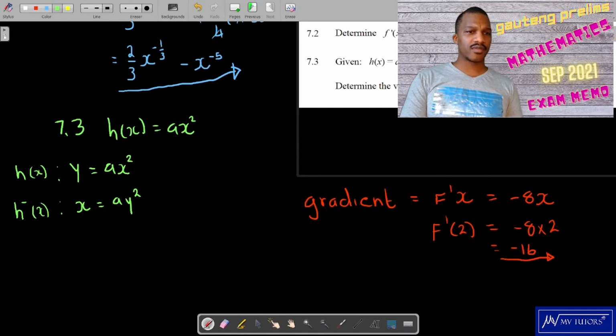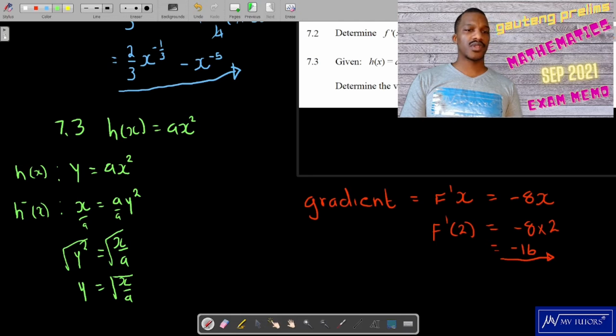In doing that, we're going to divide both sides by a. Then I will have y squared is equal to x over a, right? But to have y, that's going to be equal to the square root of x divided by a, because to get rid of a square, I square root both sides.